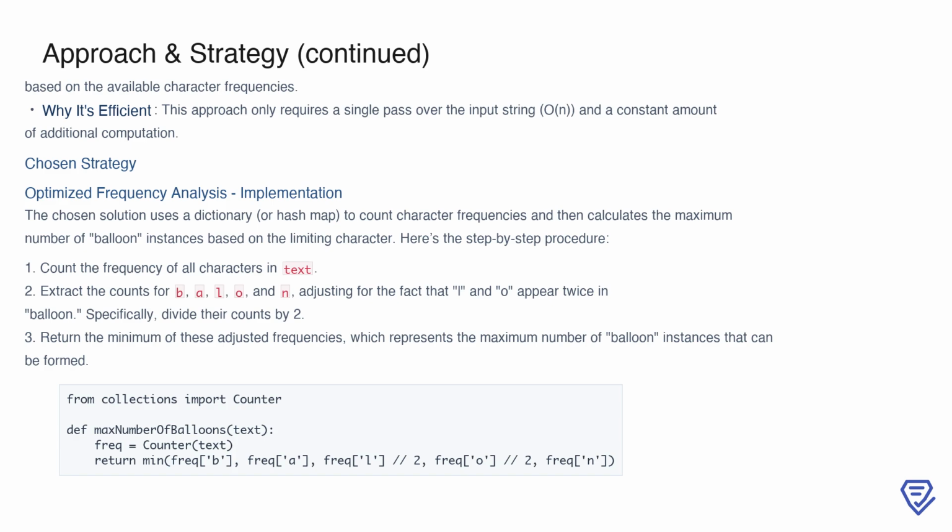Next, we extract the counts for the specific characters B, A, L, O, and N, making sure to divide the counts of L and O by 2, since these letters are used twice in the word balloon. Finally, we return the minimum of these adjusted frequencies. This gives us the maximum number of times the word balloon can be formed. Here's a Python implementation that demonstrates this approach.